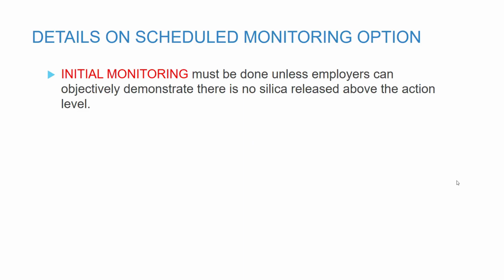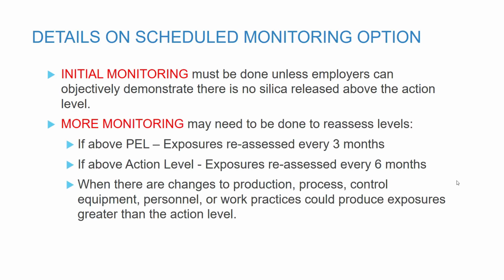This slide shows the requirements if you are using the scheduled monitoring option. Initial air monitoring must be done unless you can demonstrate that workers are not exposed above the action level. More monitoring may need to be done based on the results.